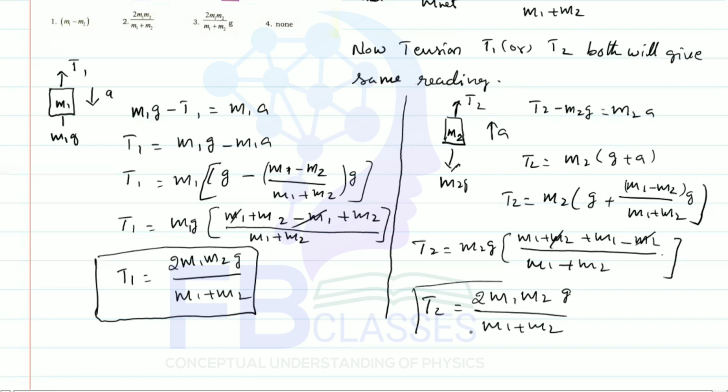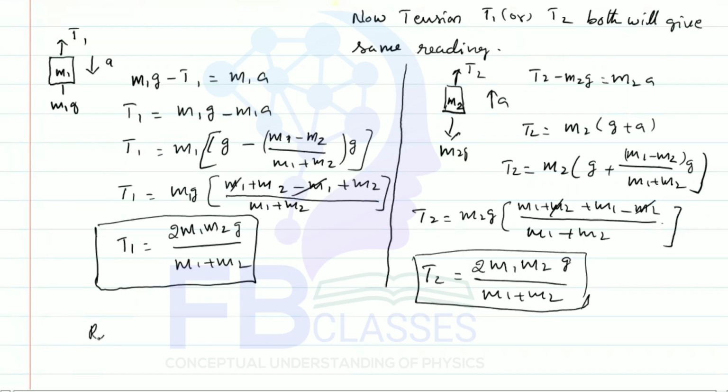So now he asked the reading. Reading is nothing but we have to divide it with g. So reading of spring balance is equal to T1 upon g or T2 upon g.